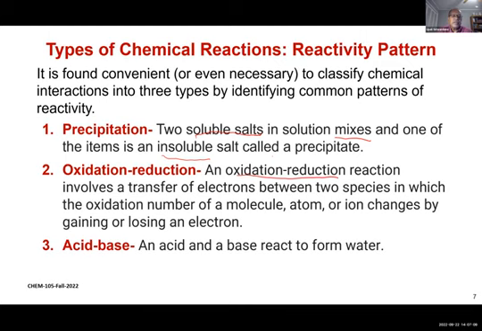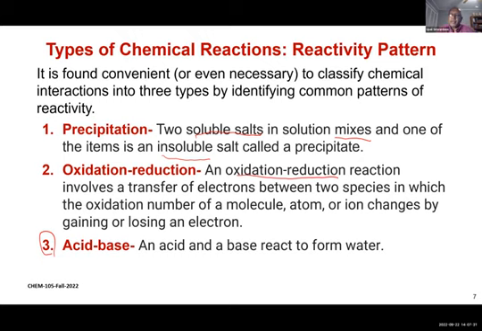The third main class of reaction is acid-base. Certain compounds have acidic properties, and some have basic properties. Acids are sour, bases are bitter. When they react with each other, they form water.